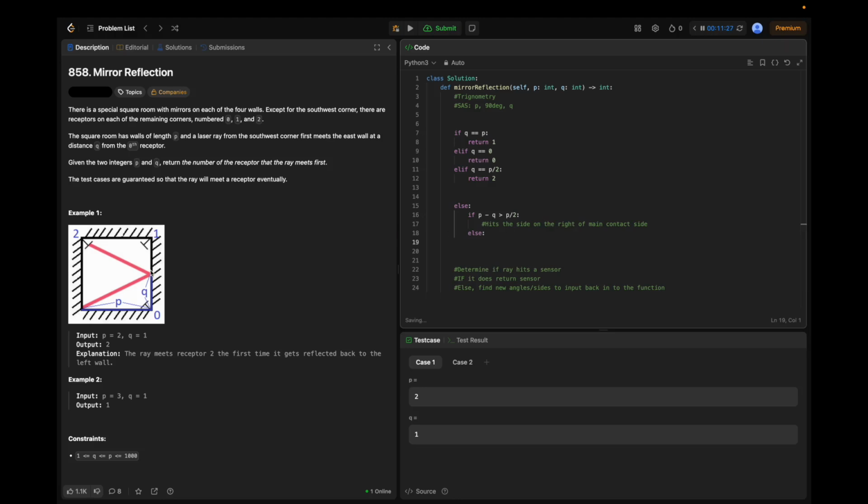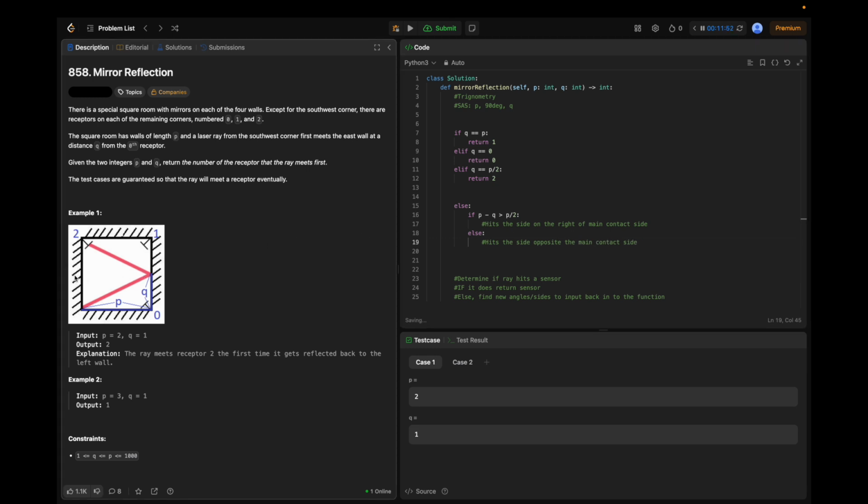So it hits the side on the right of this if q is small, right? Otherwise, it hits the opposite side. Is it the main contact side, right?